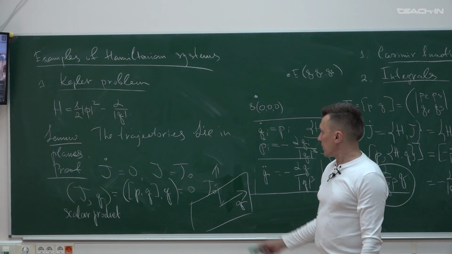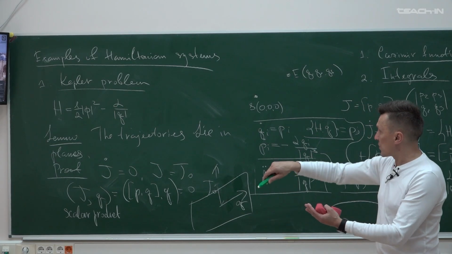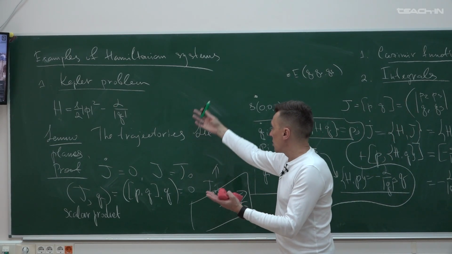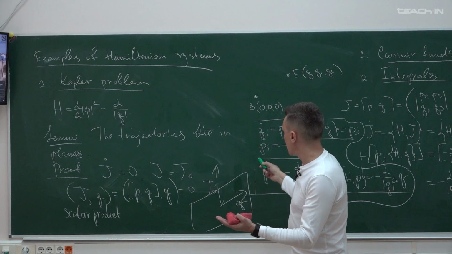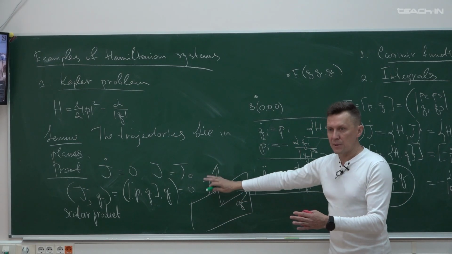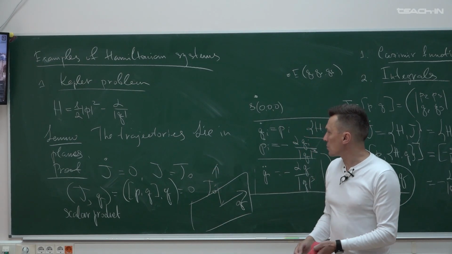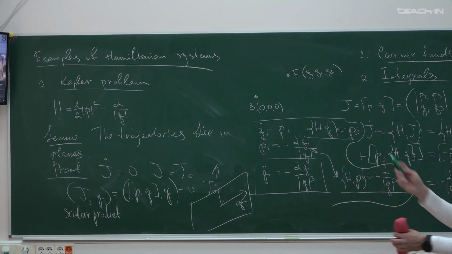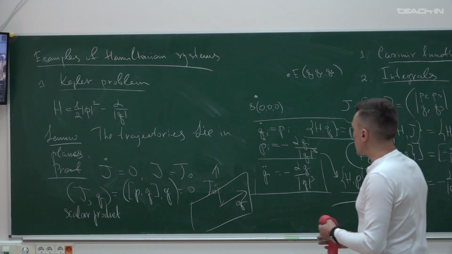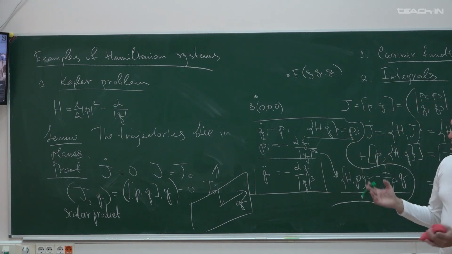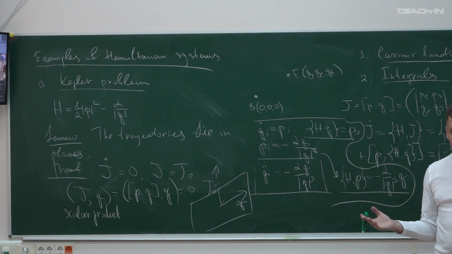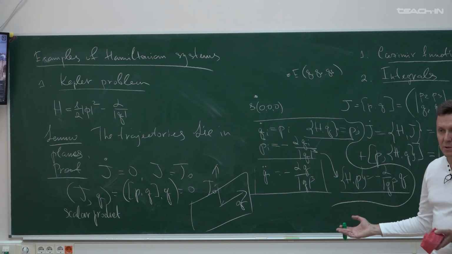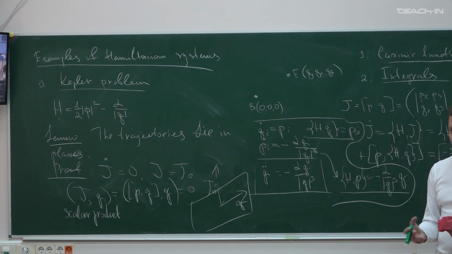It means that Q along the trajectories of our system always lies in some plane, perpendicular to J0. So it is a very important property, and the existence of such integrals reduces the dimension of the space when we start to study the behavior of this dynamical system.